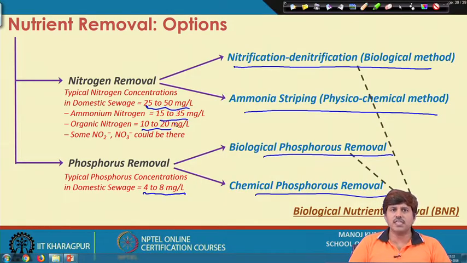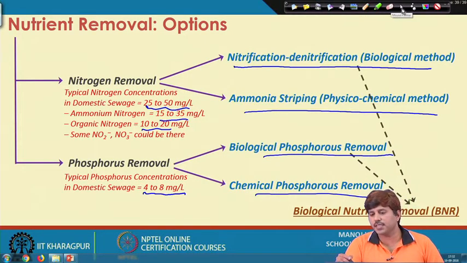So, the major target for nitrogen removal is the removal of ammonia. Nitrogen usually remains dissolved in the state of ammonia unless it is oxidized. Some nitrite and nitrate could also be there. So, these are the things that we will be discussing.